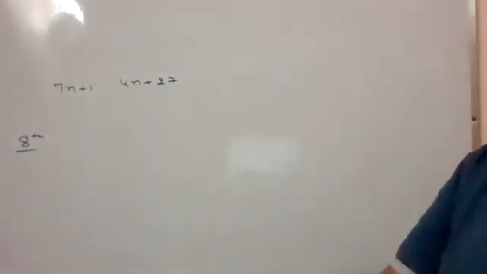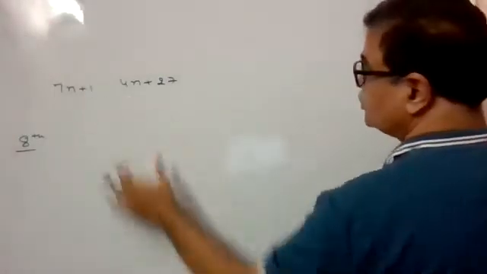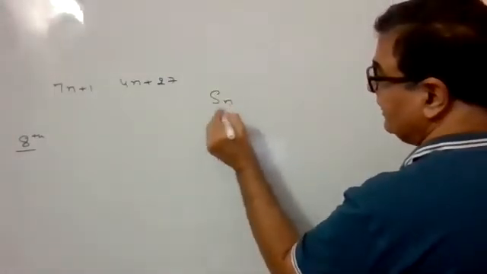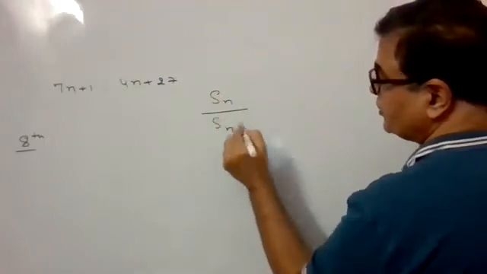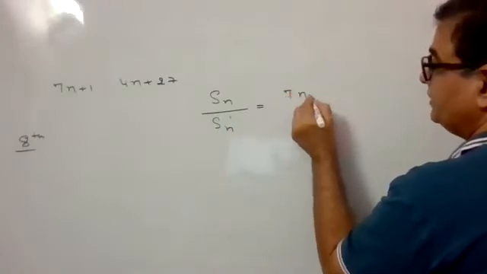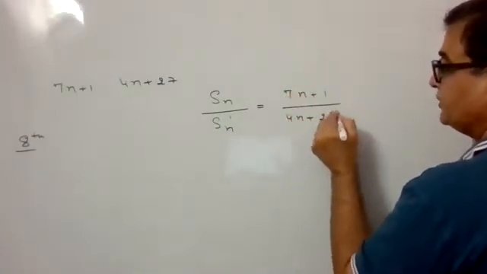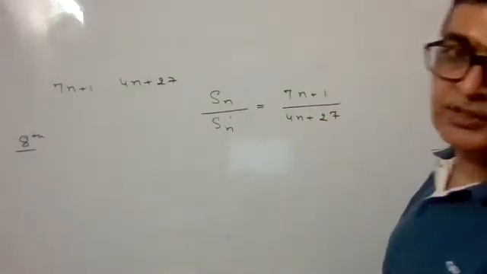Two APs are here. The sum of n terms of these two APs, one is Sn I'll put, another is Sn dash I'll put. That sum of n terms is in this ratio, 7n plus 1 by 4n plus 27. This is given in the question.